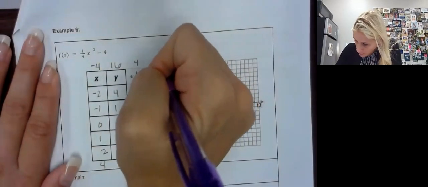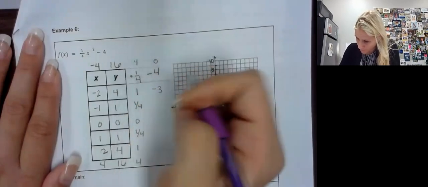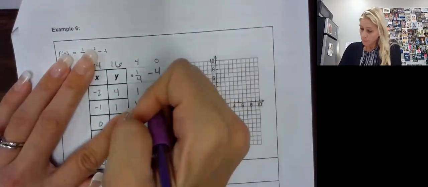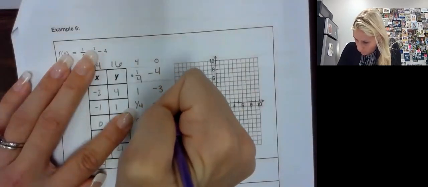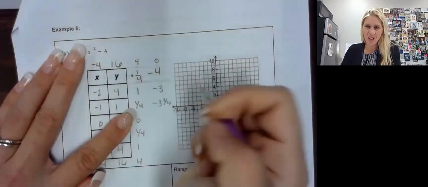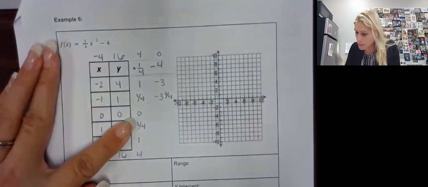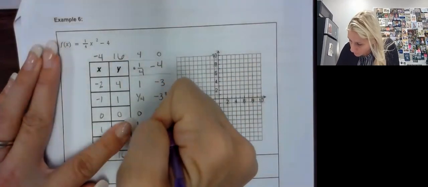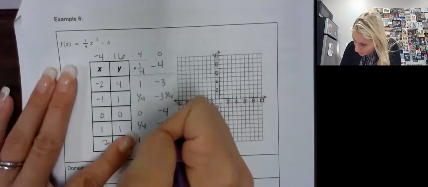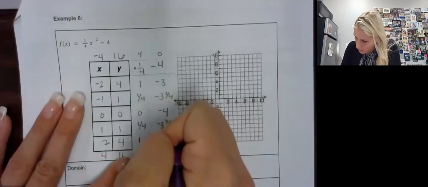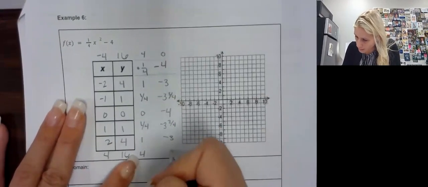I get 0, -3, -3 and 3/4. That's why we're not going to graph that one, okay? Because otherwise we're estimating, and that might mess up our x-intercept. -4, -3 and 3/4, -3, and 4 minus 4 is 0.